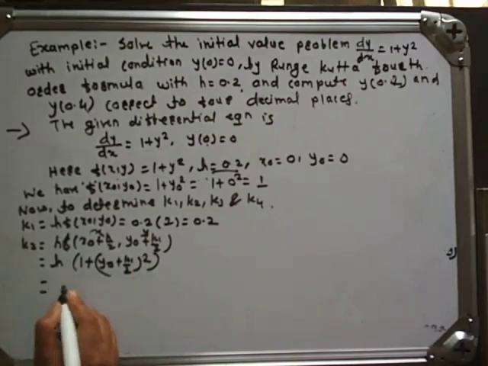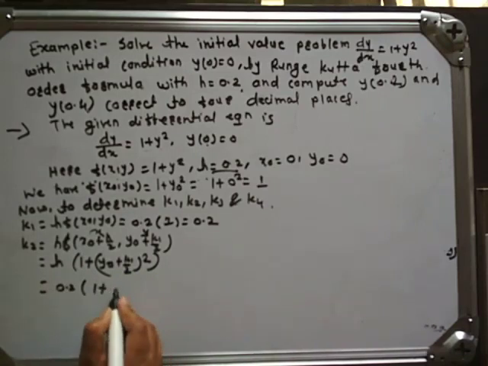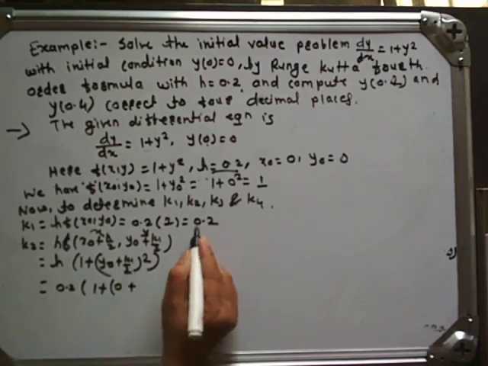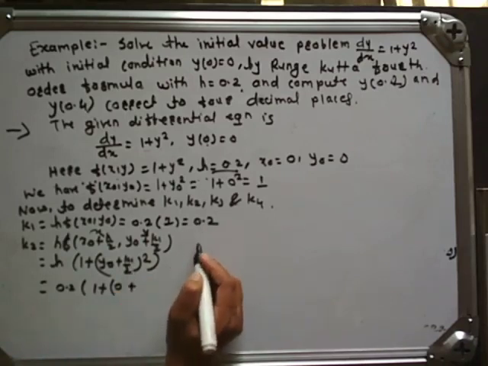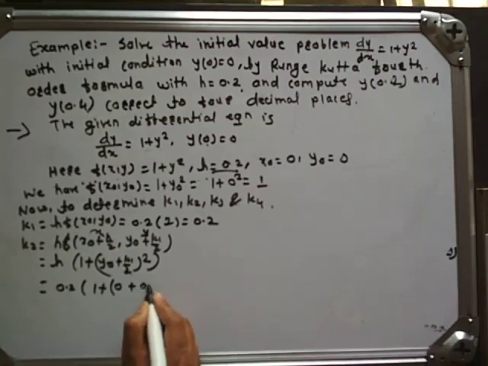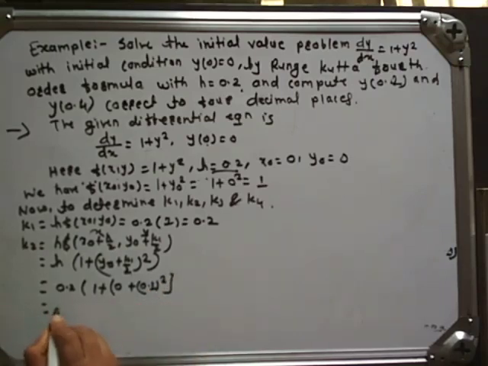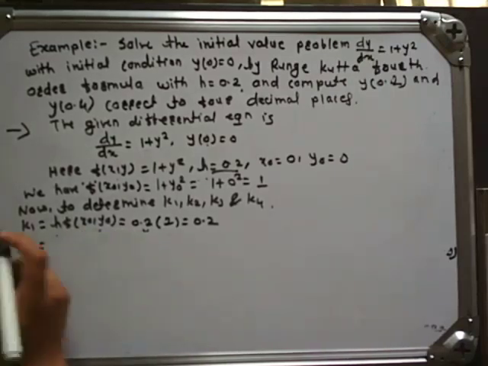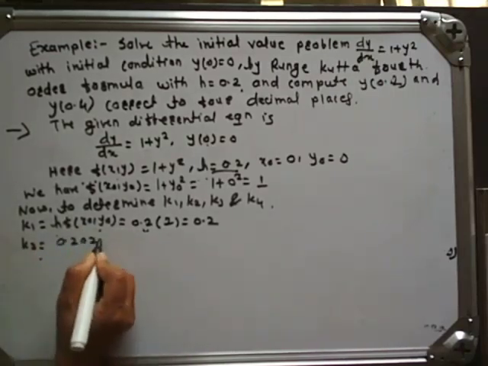H is 0.2 into 1 plus y0 is 0 plus k1 upon 2, means 0.2 upon 2, this is 0.1 square. So it is equal to 0.2020. Students, calculate this on the calculator. So we will get K2 is equal to 0.2020.